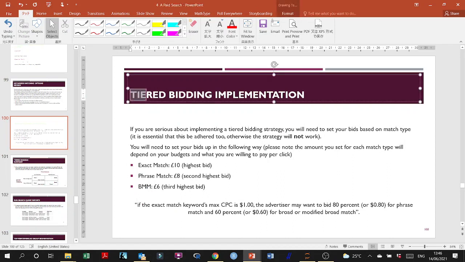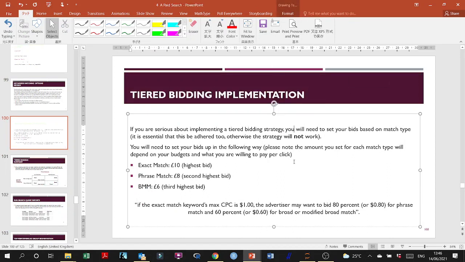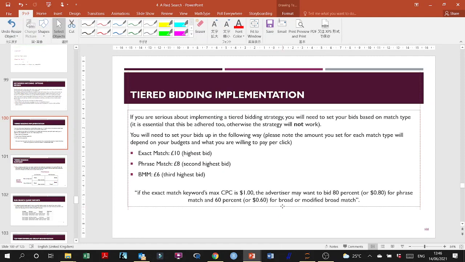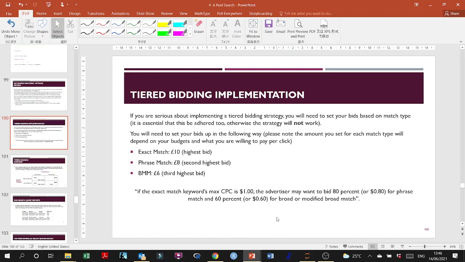And this tiered bidding strategy, if you're not using it these days as a marketing officer, then you are very outdated. I'm not going to tell you it's worth it, but you know that there are many people who are not marketing officers, they are entrepreneurs, startup companies, and they do their own marketing themselves.